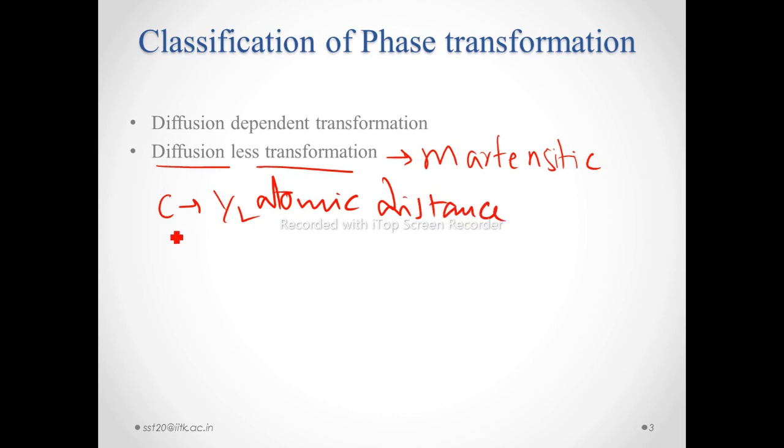Because of this reason, it is considered a diffusionless transformation. Here, when the carbon atom goes into the interstitial sites of iron, it wants to be in a BCC structure, but due to high activation energy, it won't be in a BCC structure. Hence, instead of BCC, it gets into the BCT structure.